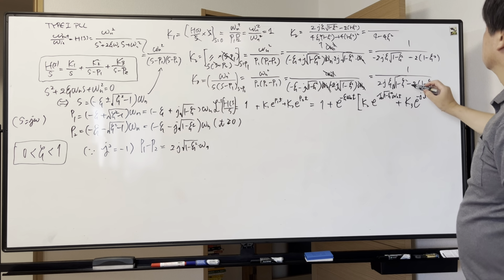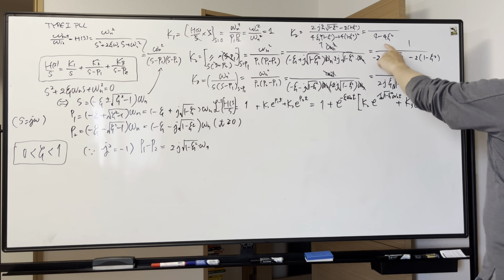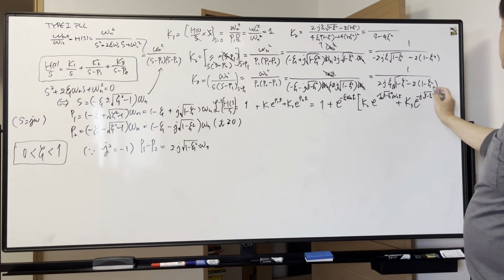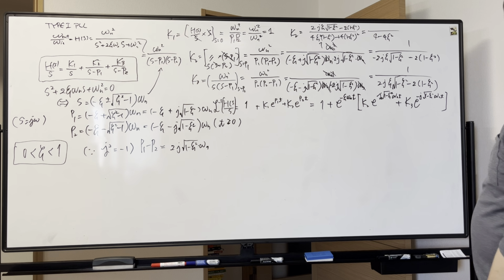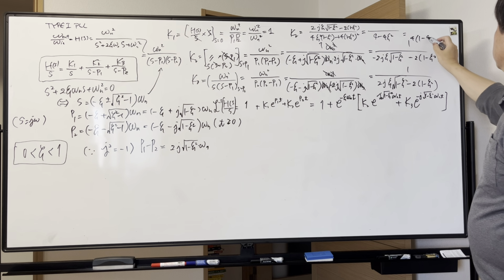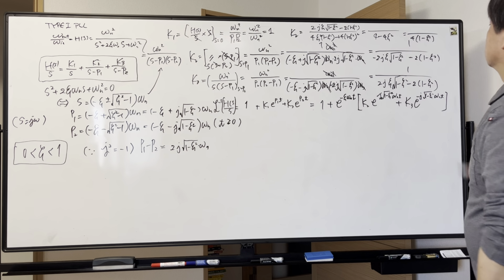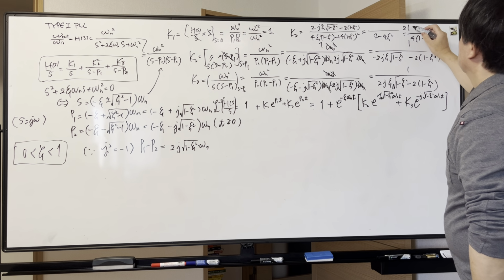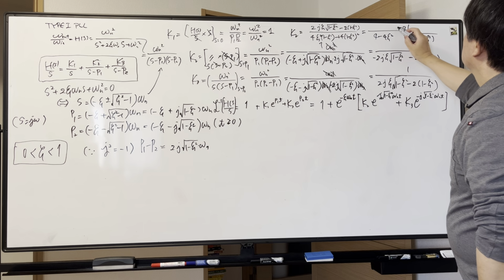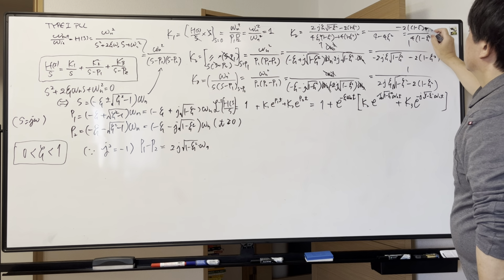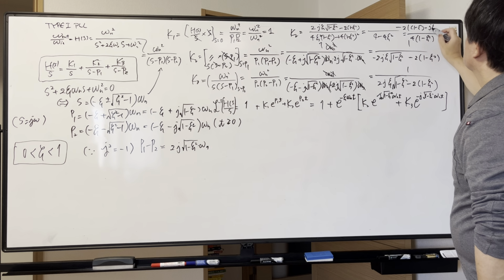And 4 minus zeta square is the same for this case of k2. The denominator is 4 times 1 minus zeta square, and the numerator is 2 times minus 2 times 1 minus zeta square minus j zeta square root of 1 minus zeta square.